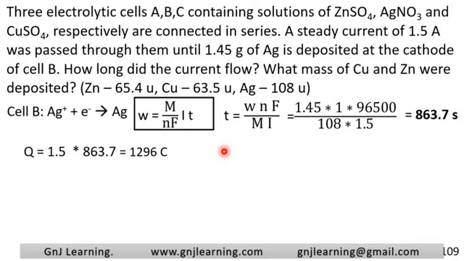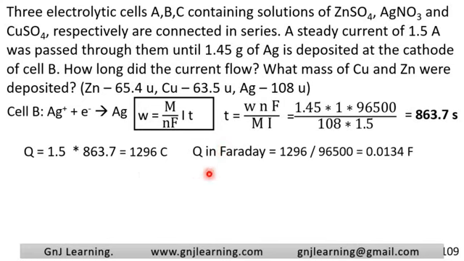You will understand this as we progress. So Q in Faraday is Q in coulomb divided by 96,500, which is equal to 0.0134 Faraday.